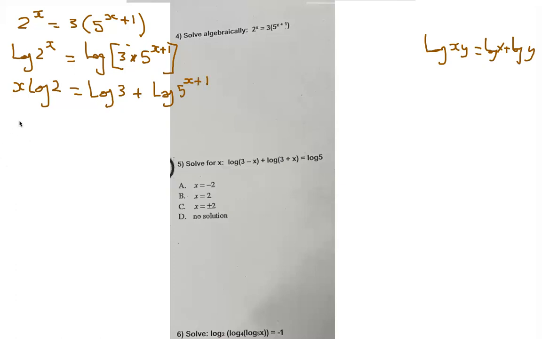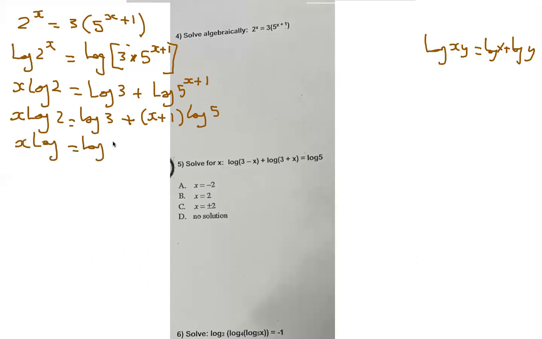And the next thing I'm gonna do is write x log 2 equals log 3 plus, you bring the x plus 1 down, and make sure you put it in brackets when you bring it down, log 5. At this stage, this stays as x log 2 equals log 3.